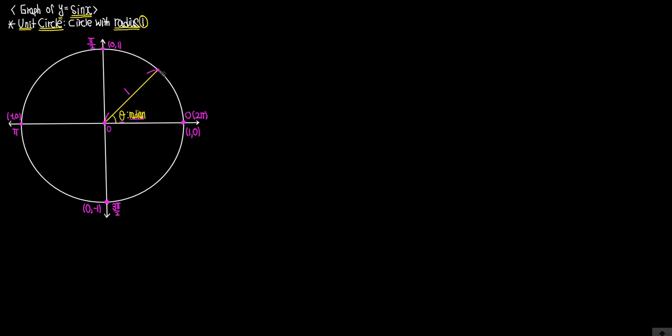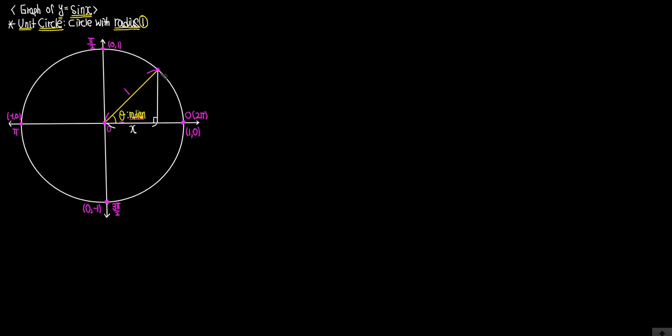For this point, which has the coordinate (x, y), we can make a right triangle and think about the three trig functions, sine, cosine, and tangent. Before we do, we can figure out that the adjacent side of our main angle theta we'll notate as the x coordinate, or x value.